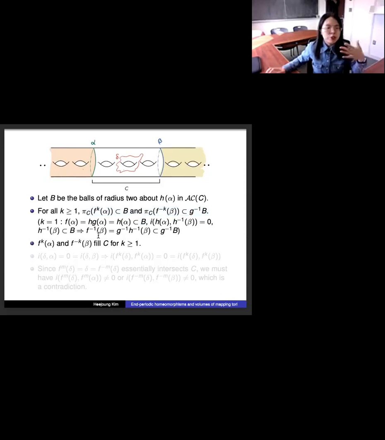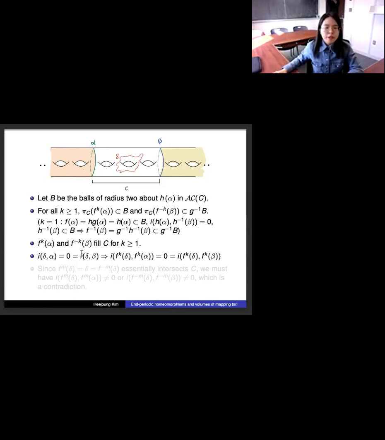Then we assume G has a large translation length. So consequently, for any k, f to the k of alpha and f to the minus k of beta fill the subsurface C. Namely, they have minimal intersection, and the complement is a union of topological disks.